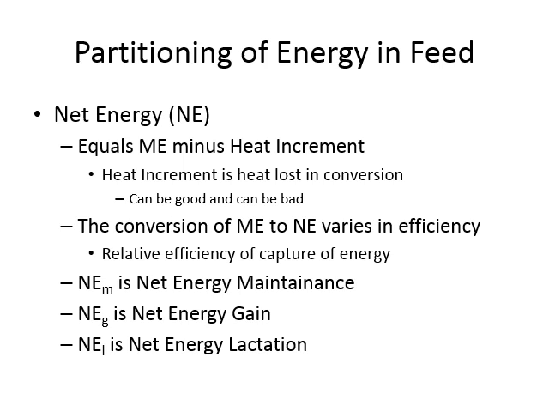So net energy maintenance, NEm, with the lowercase m, is a rather efficient capture of that metabolizable energy, and that has to do with warm-blooded animals being able to use that heat to help maintain their bodies. Net energy gain, NEg, capital N, capital E, lowercase g, is not as efficient.